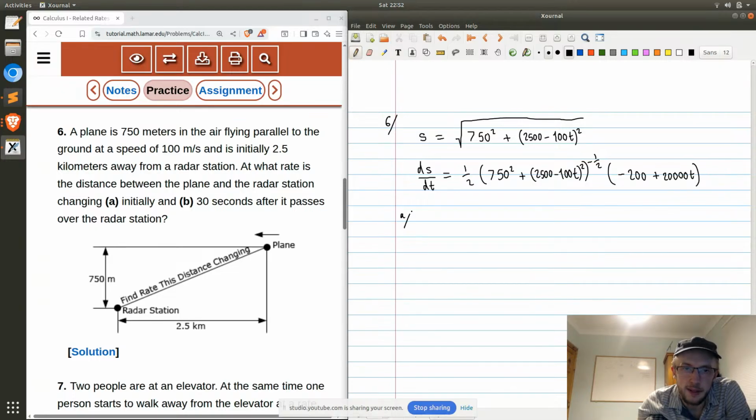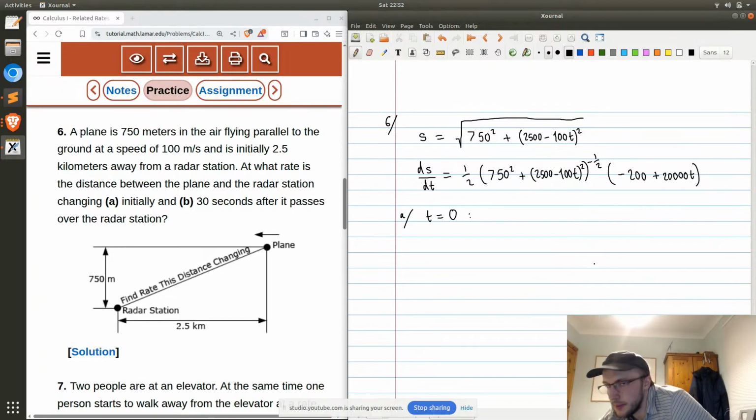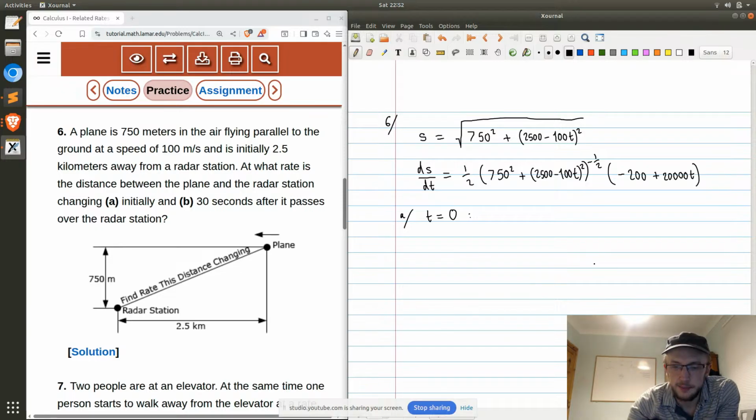And now for part A, when things are initially, so ds by dt is like the question mark. That's what we don't know, but we know that t is equal to 0. So we just substitute in 0, and we'll calculate that.